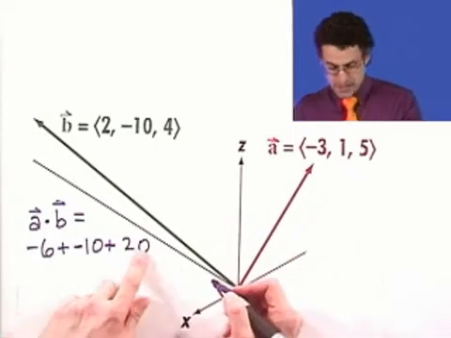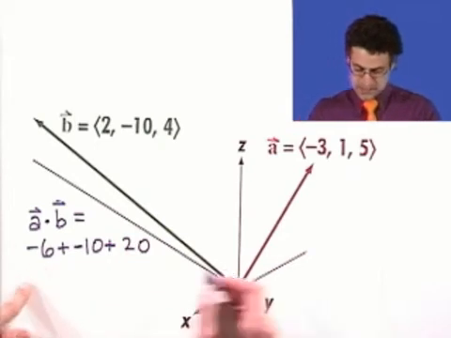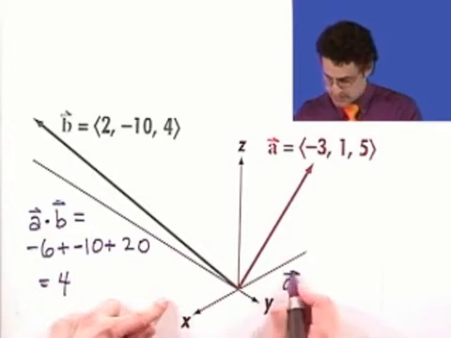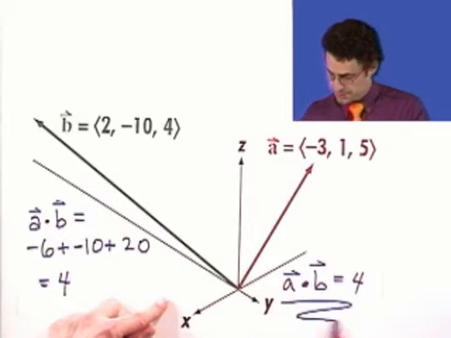So here I have 20 minus 10 is 10, minus 6 is 4. So the dot product of these two vectors is the number 4.